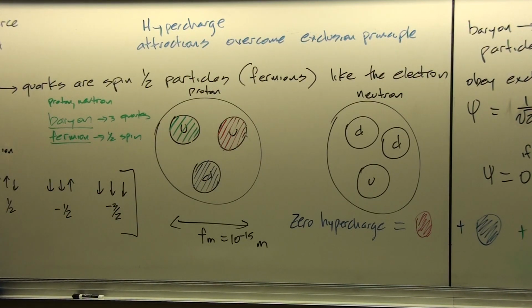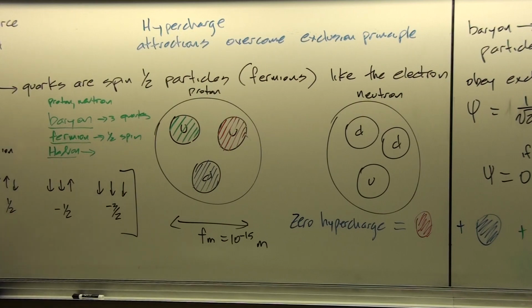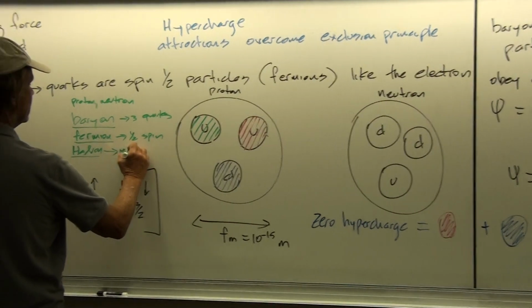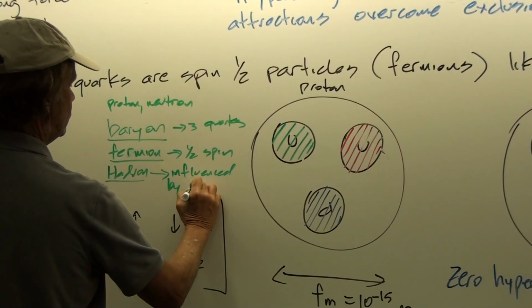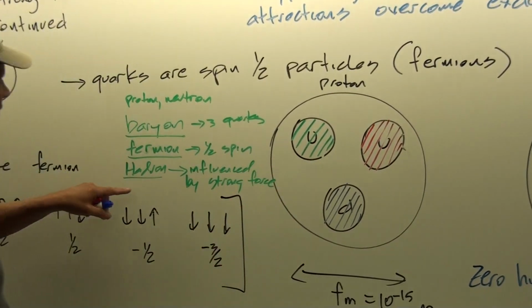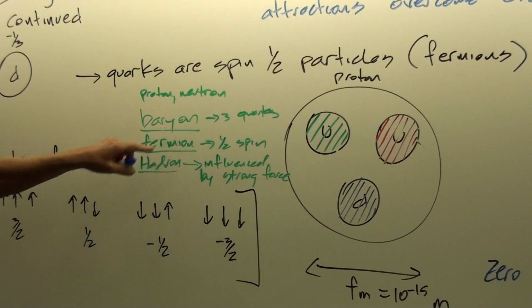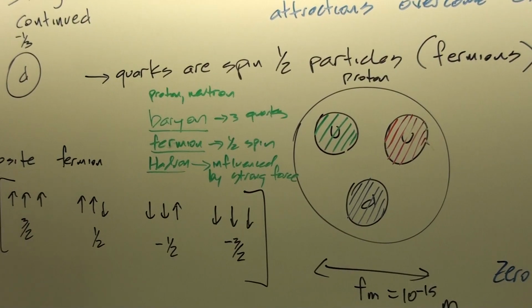And it's also a hadron, which is something that has quarks in it that's influenced by the strong force. So this hadron is just a more general classification that includes baryons and mesons, as we mentioned before. But it's also a fermion.